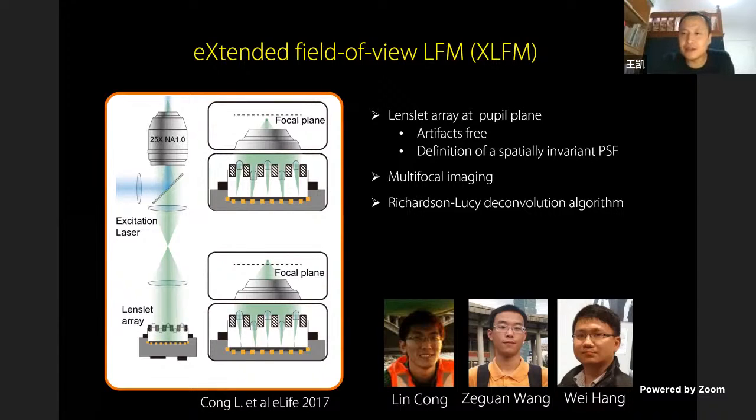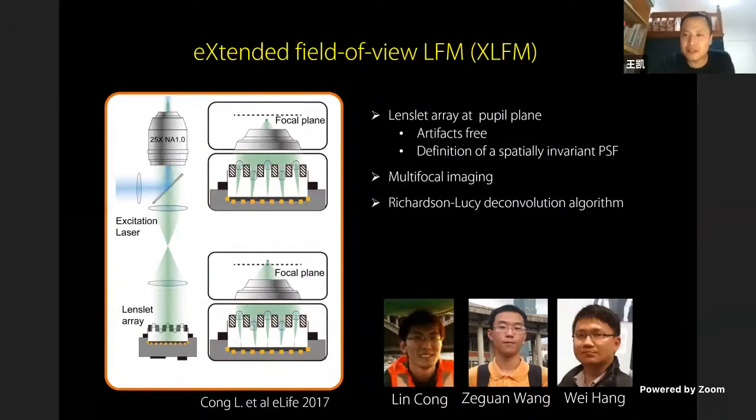I think in light field imaging, the spatial resolution is determined by the optics, the physics of our microscope, and I think the biological sample might not play a role in this case.